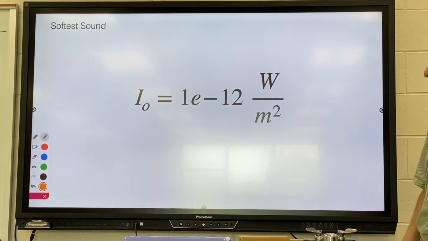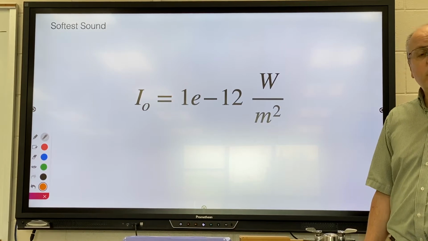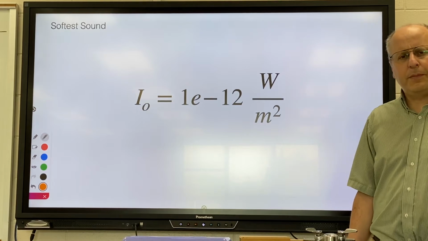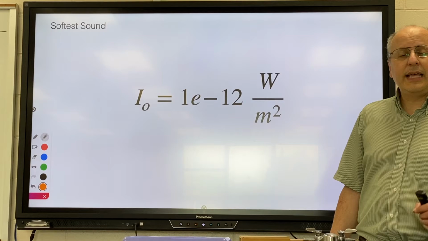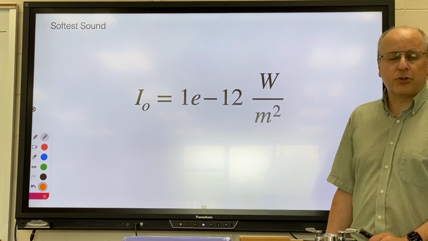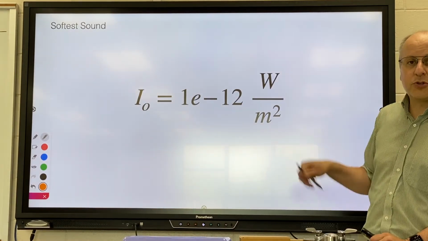So there is a minimum sound. Anything lower than this, humans cannot pick up. Again, this will be different for different people, but the number that you'll traditionally see is an intensity of about 1 picowatt per meter squared, 1 e to the negative 12th watts per meter squared.